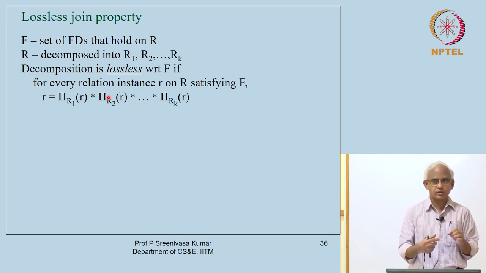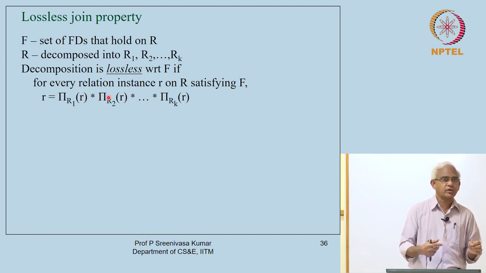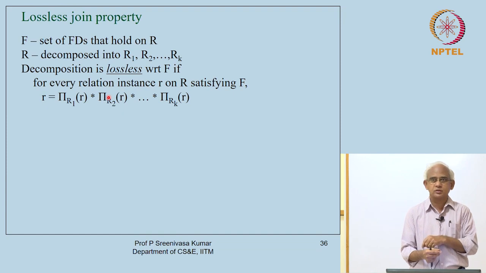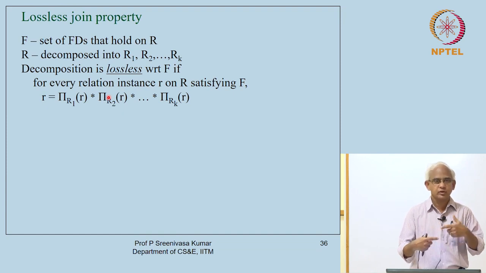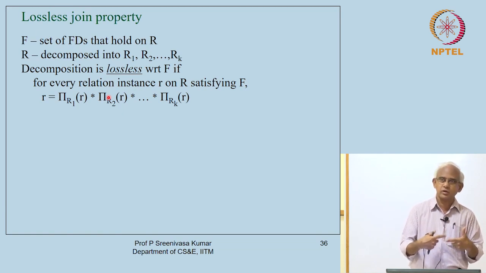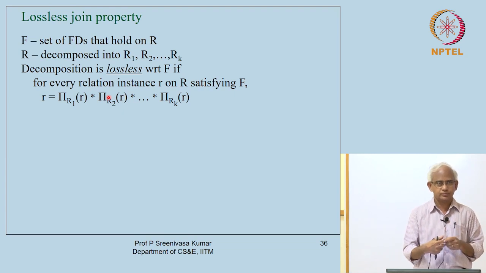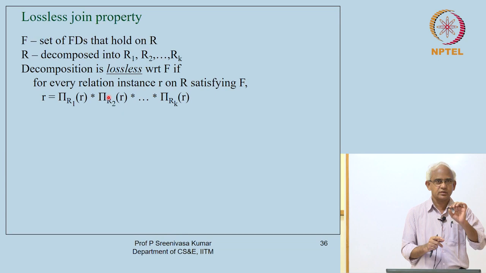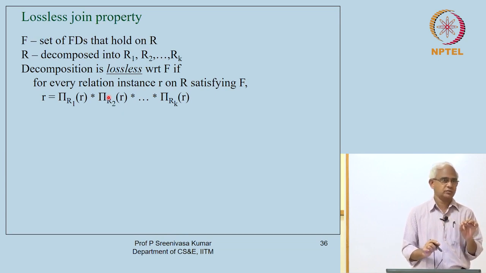They have some common attribute, and the common attribute value will go into the left hand side tuple, also into the right hand side tuple. And so, when you do an equijoin, these two tuples will agree on that common attribute, and so you will get back your original tuple. Is that clear? I can repeat if you want. Just consider one tuple in the original relation.